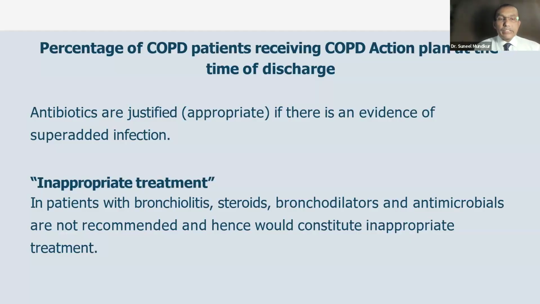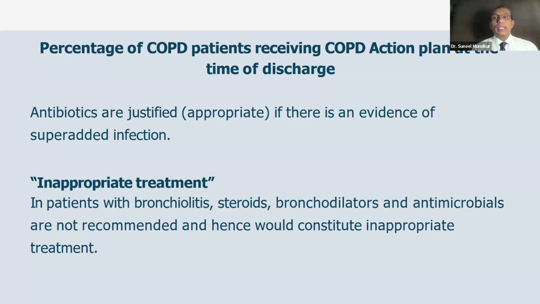If you have a justifiable reason in bronchiolitis, like the patient has a severe wheeze or bronchodilator-responsive wheeze, and he has enough evidence for antimicrobials. There's one study which did 6-hourly procalcitonin, and they said that if there are raised procalcitonin levels in bronchiolitis patients, you can use antibiotics. In India, we cannot do 6-hourly procalcitonin levels.